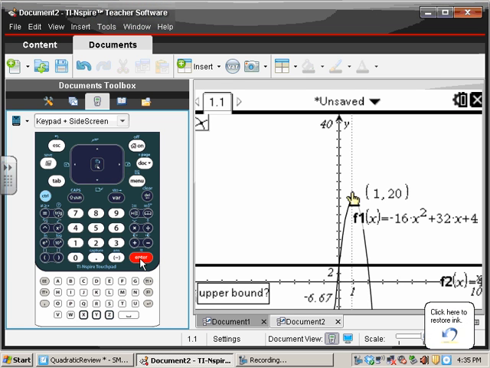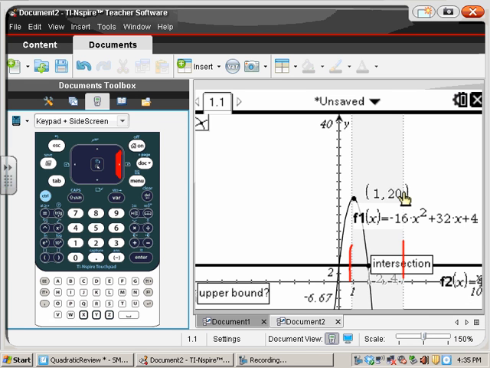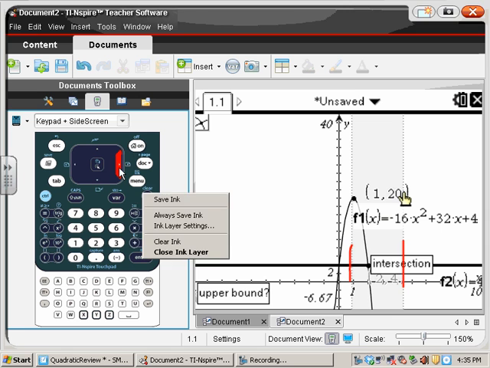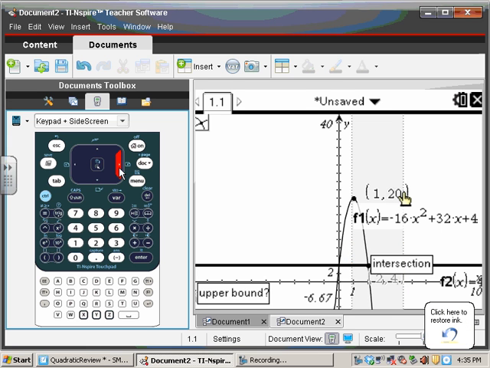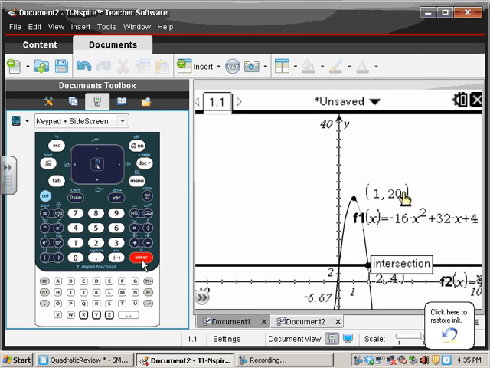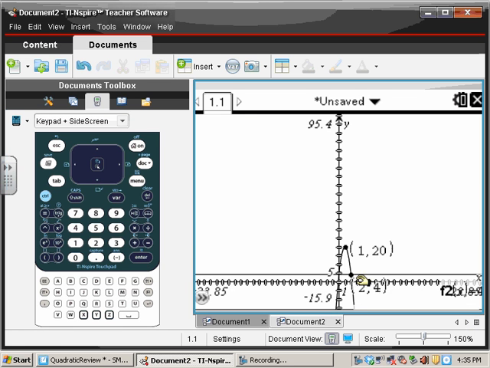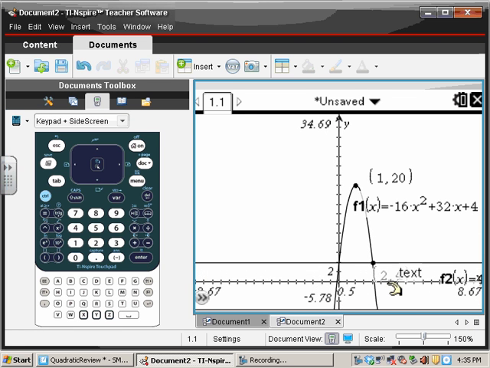Now, upper bound, I need to go somewhere to the right of it. So you can see it's like I've drawn crosshairs around that intersection. It's like a game and you're aiming on it. So upper bound, I hit enter, and it tells me the intersection right there is at 2, 4.